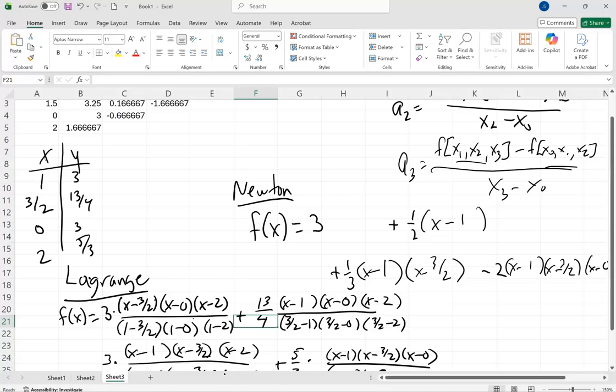I typed in a third degree polynomial without a doubt, right? Each of those, especially the last one, is cubic. I 100% typed in a third degree polynomial and it 100% went through the 4 points. It's 100% correct. I have no doubt. That's good. You don't get that very often, right? Usually you do the graph thinking, well, I think I might be right. No, I know I'm right.